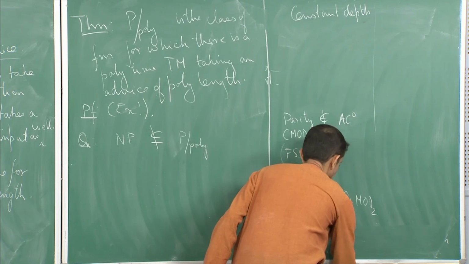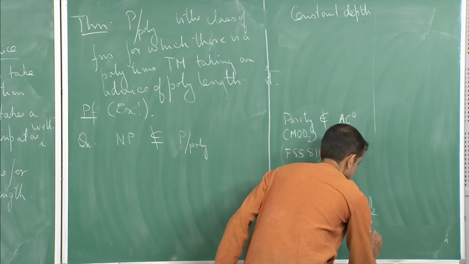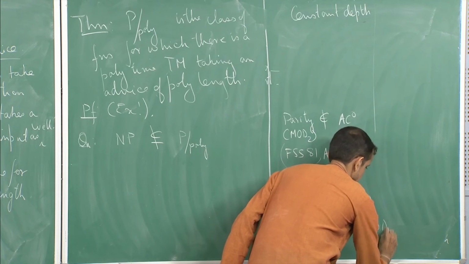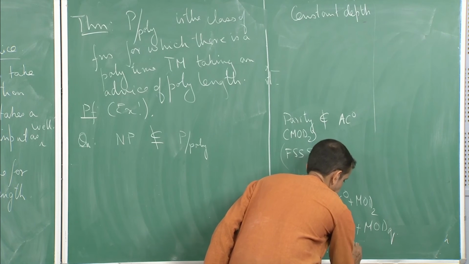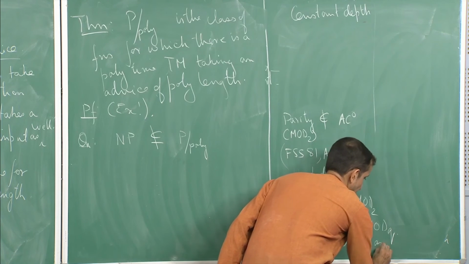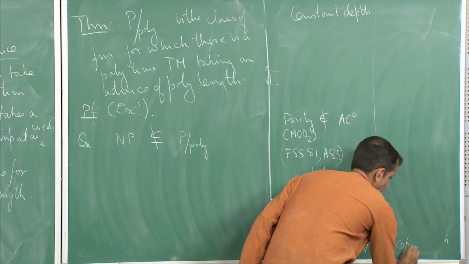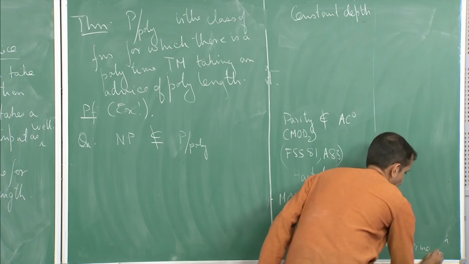this is not possible with AC0 circuits plus some mod Q gate where P and Q are co-prime.